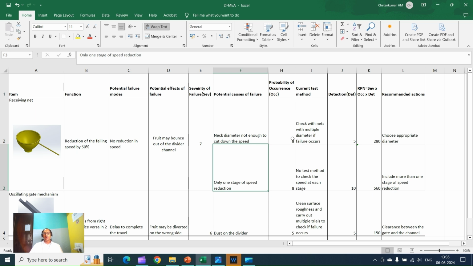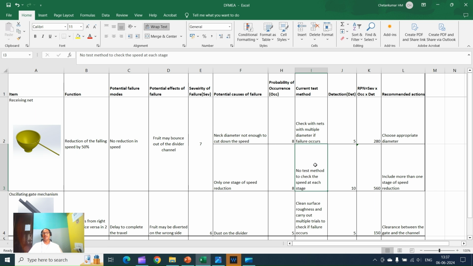Okay. And the probability of occurrence remains the same. Current test method: to check the speed reduction at each stage is very difficult. The engineers have identified that there cannot be any test method to check the speed. The engineers can come up with a setup to check the speed, but that technology will be very complicated.